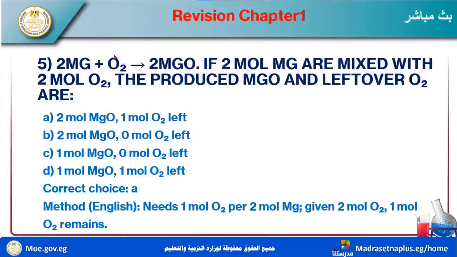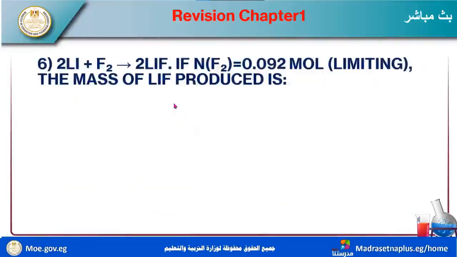So we have 1 mole of oxygen remaining without reaction, and 2 moles of MgO produced in this reaction. So answer A is true.